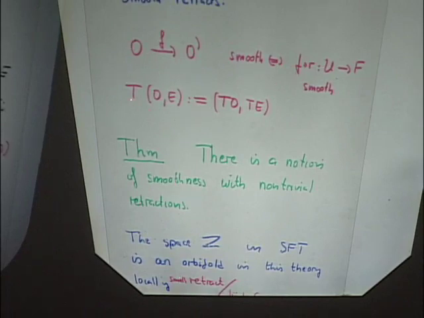That's the tangent. It doesn't really matter what you take here. As long as it's compact embeddings, you get new notions of compactness with non-trivial retractions, where the retractions in general have varying dimensions and need not be submanifolds.